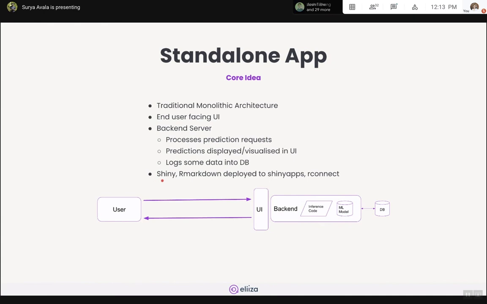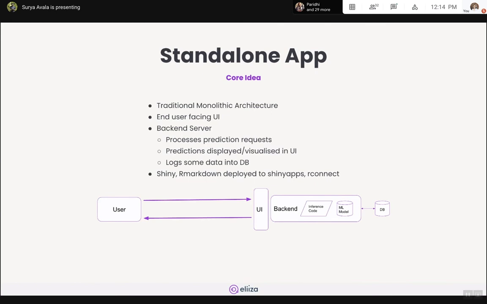If you look at Shiny or R Markdown, that's what they're doing. The approach they take is deploying ML models as a standalone application in front of the user with an end user facing UI.